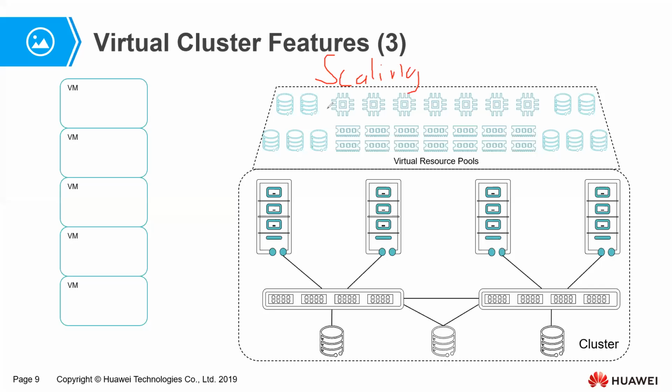So if we want to expand our memory, let's say from about 512 GB to 1 terabyte, this kind of scaling mode is called vertical scaling, or sometimes we call it scaling up, okay? Because we are increasing something.